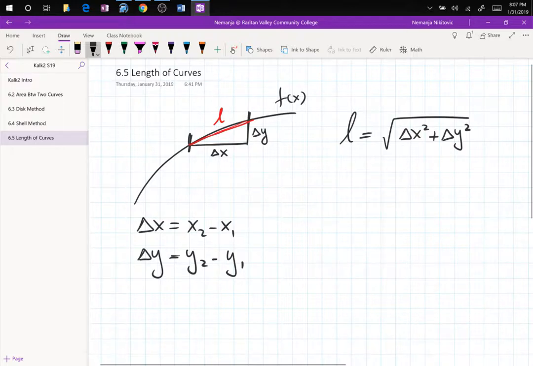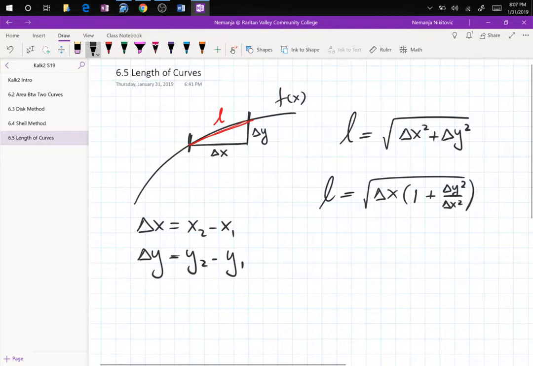Now, what I'm going to do is I'm going to factor out this delta x squared. When I factor it, I get delta x squared times 1 plus delta y squared over delta x squared in parentheses.